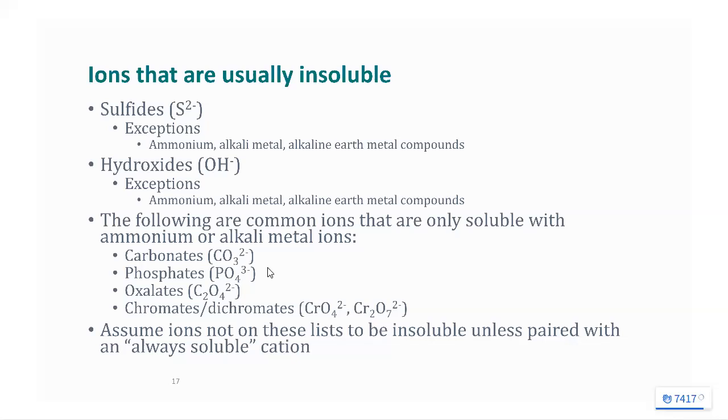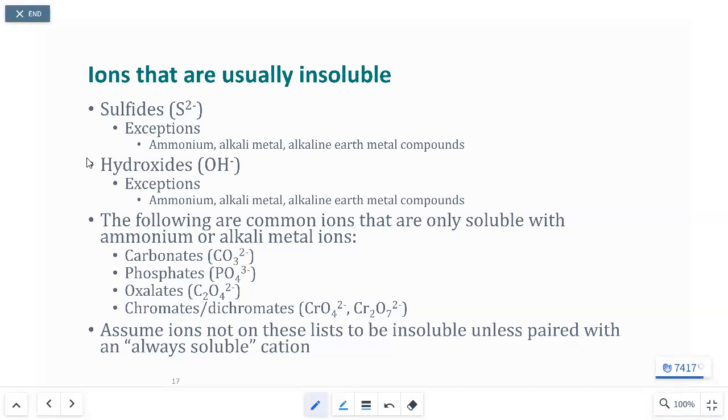Sulfides are usually insoluble. Sulfides are actually a great way to precipitate out a lot of different kinds of metal ions. The ones that it doesn't work on, ammonium sulfide is soluble, alkali metals are soluble, alkaline earth metals are soluble.